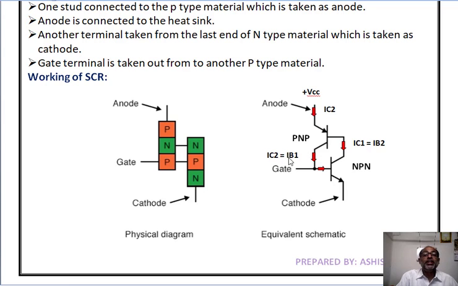And this IC2 is nothing but the base current of transistor T1. So here I can write IC2 is equal to IB1.